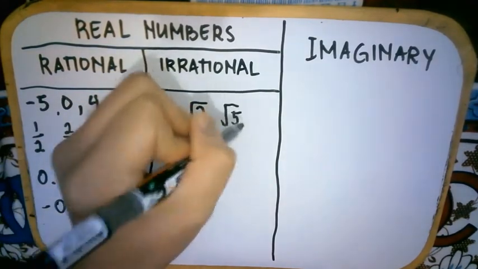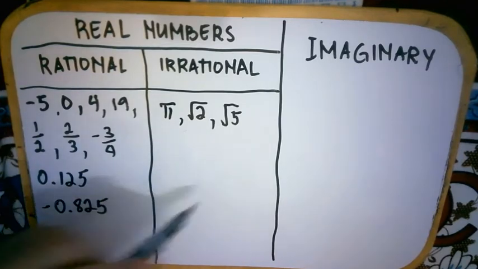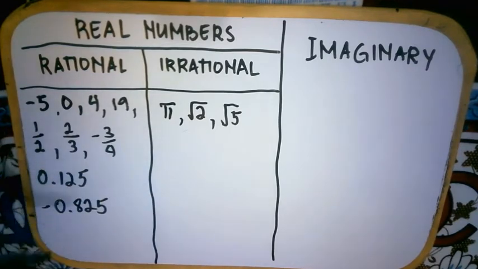Square root of 5, so that is irrational. Ngayon, ang tanong, what separates irrational from rational? I mean, di ba syempre isipin nyo, kapag binigay ang isang number, paano masasabi in a snap na ito ay rational or irrational? So I'm going to give you a tip para madali nyong malaman.